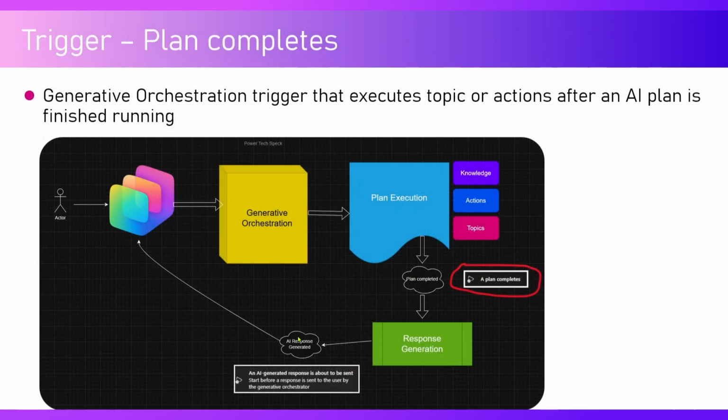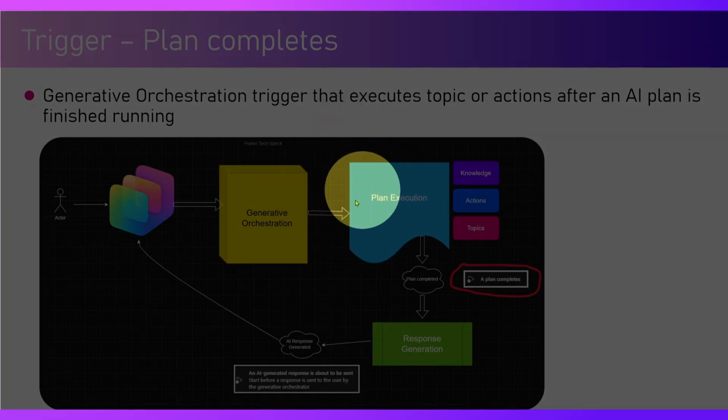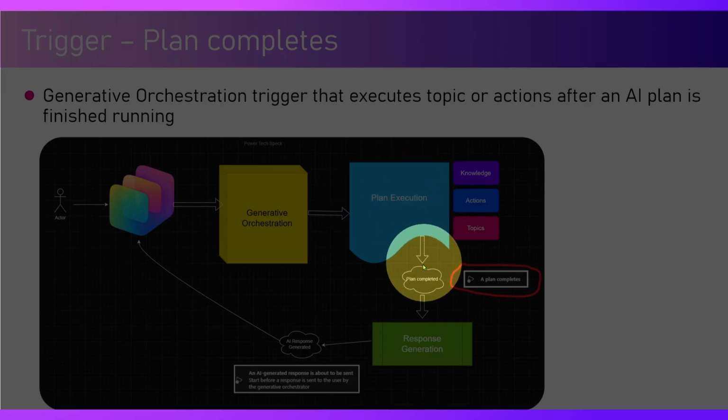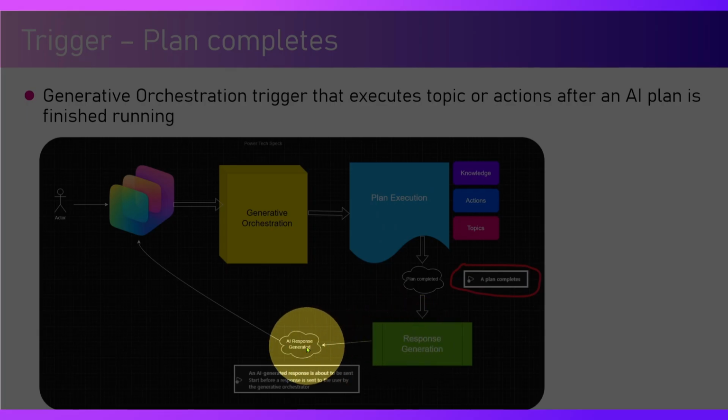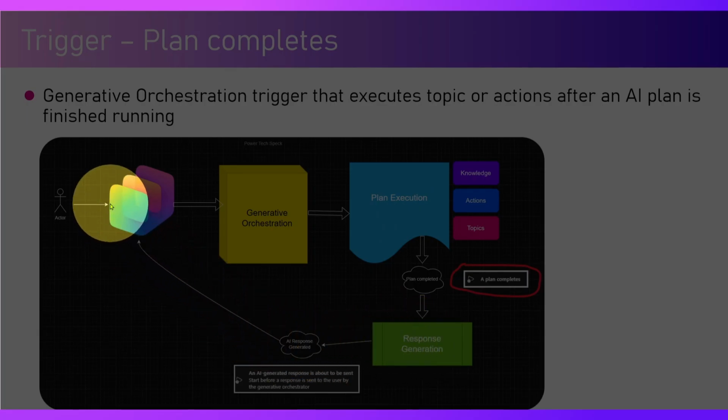Now, first and foremost, we need to understand that when we ask something to an agent, the agent basically passes the information to the generative orchestration. A plan is generated and executed. Once the plan is completed, a response is generated and presented back to the user.